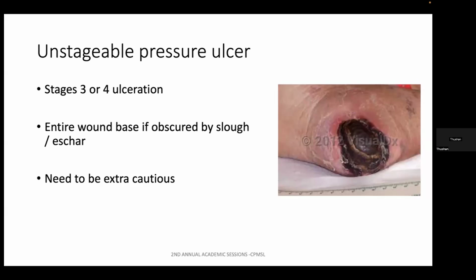Is there discharge coming around this ulcer? Is the wound smelly? Is the patient looking unwell? Sometimes, if you miss it by a week or so, it could end up being a badly infected pressure ulcer. If you open that and remove this necrotic scab, you might see what's going on, but then you have to manage this as a proper wound as well, with proper dressings.